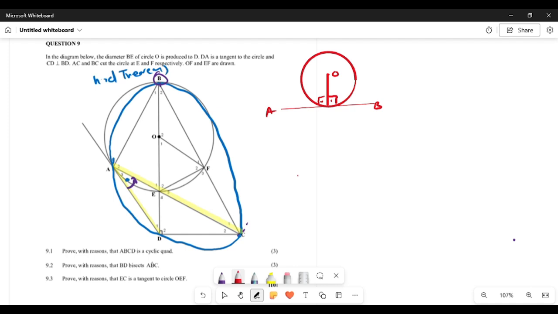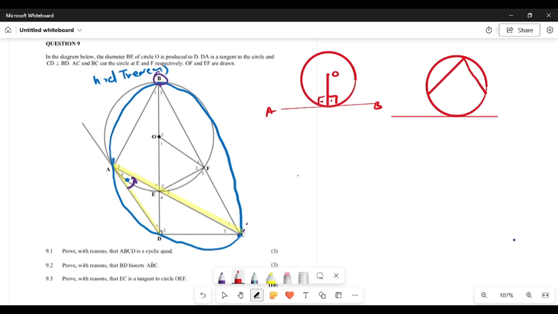Now, the second way is your tan chord, right? Remember how I identified my tan chord: this angle needs to be equal to that angle. So if you could prove that this angle between a chord, remember, this is your chord, this is your tangent, is equal to that angle there at the top, then this would make this line AB a tangent.